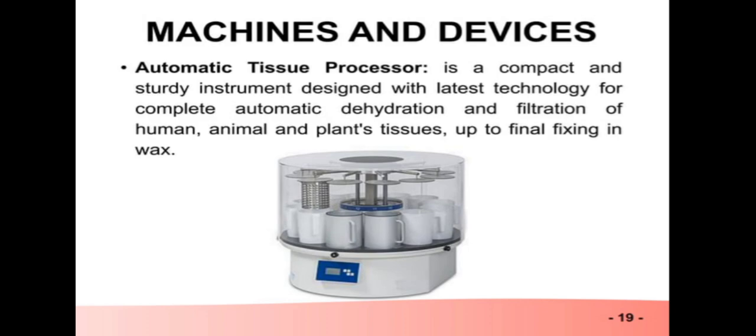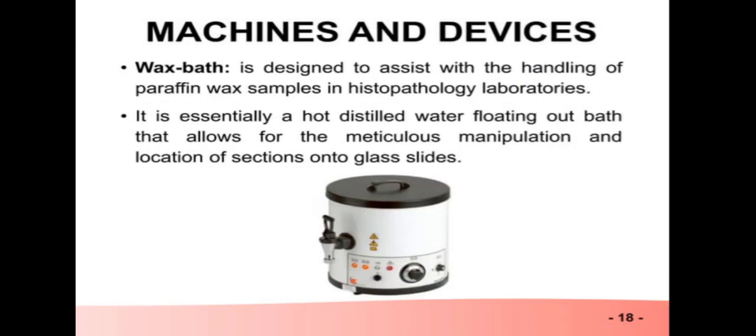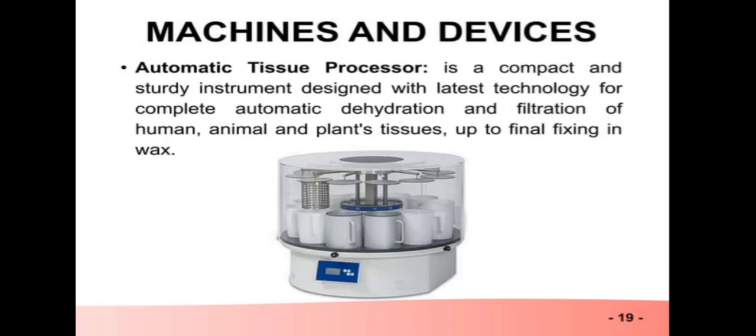This is the automated tissue processor, in which we put the tissue in a container that changes according to time to different areas. That is called the automated compact tissue processor, for complete automatic dehydration and filtration of human and animal plant tissue and fixing the wax.